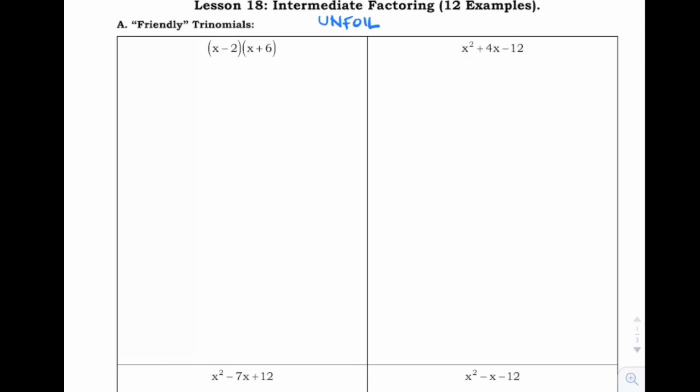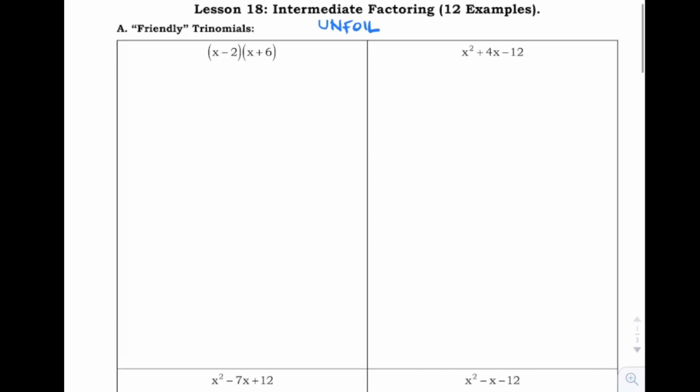So before we unfoil, let's foil again. So this example here, we're going to foil again. Remember, when you've got 2 parentheses like this, you basically take this x times this x, and you get an x squared, right? That's called multiplying the first 2 terms together. And then you multiply the x times the plus 6 here to get a plus 6x.